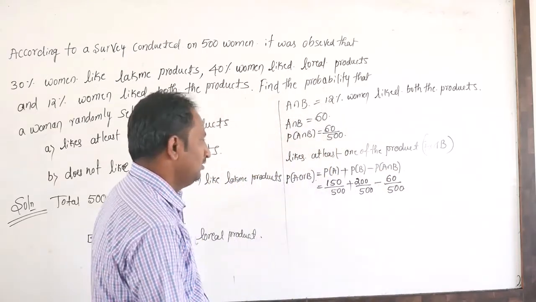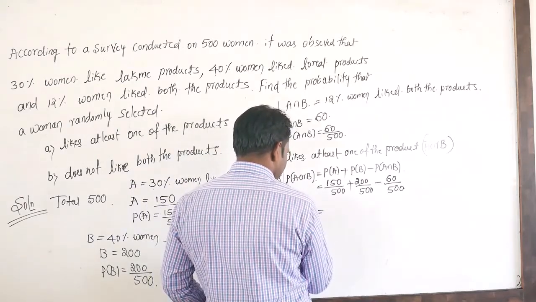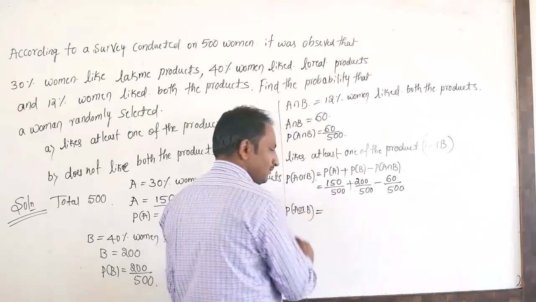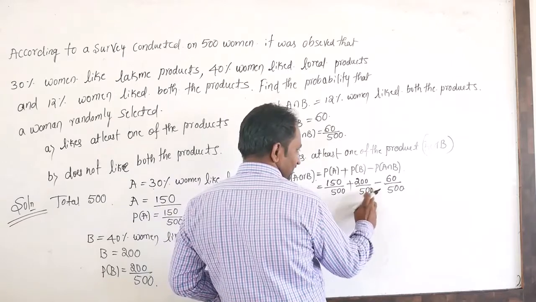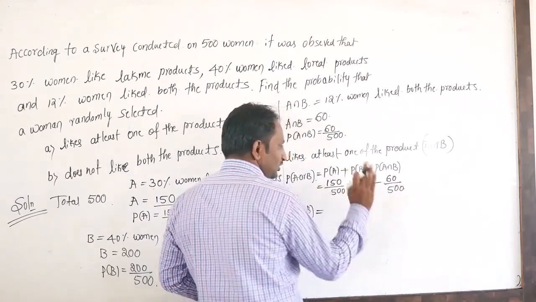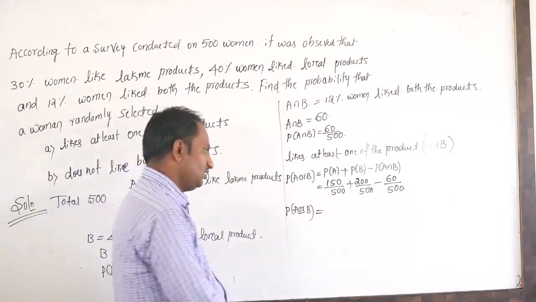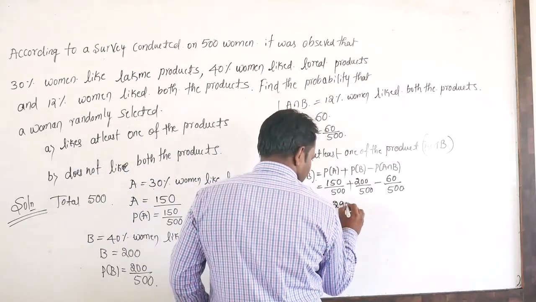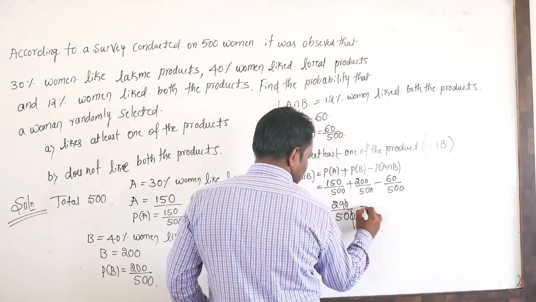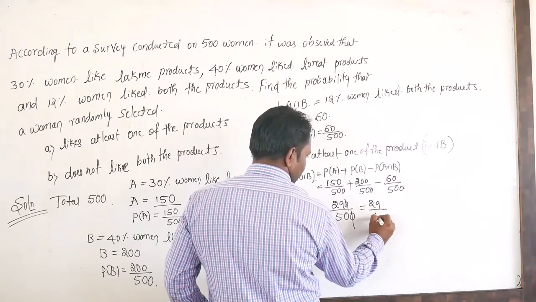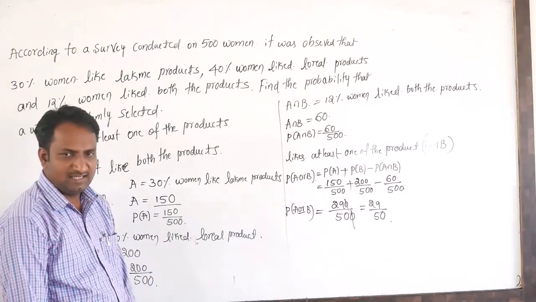In this case the probability of A or B, with the same base 500, is 150 plus 200 is 350, minus 60 gives 290 divided by 500. One zero gets cancelled. 29 divided by 50 is our answer.